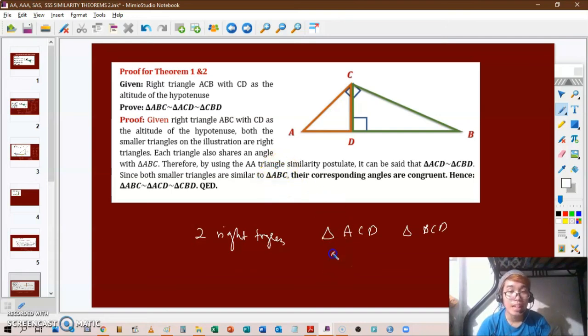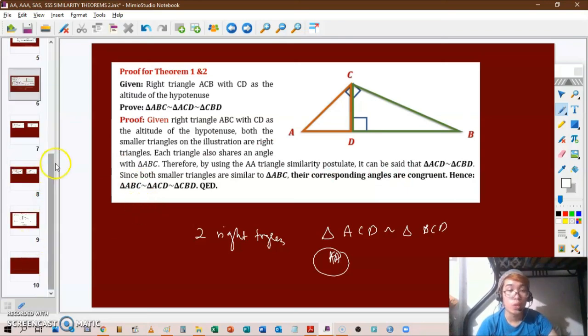Therefore, by using the AA similarity postulate, it can be said that triangles ACD and CBD are similar to each other. Since both smaller triangles are similar to triangle ABC, their corresponding angles must be congruent, and hence the 3 triangles are similar to each other. Triangles ABC, ACD and CBD are similar to each other.